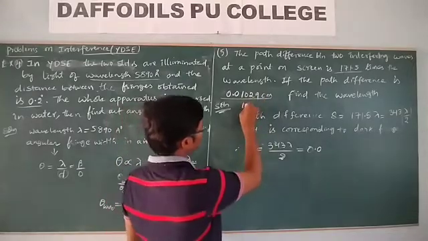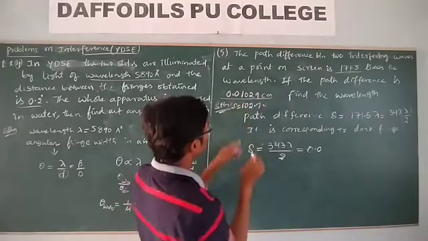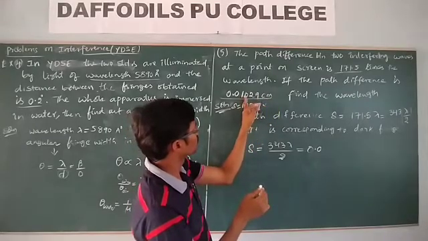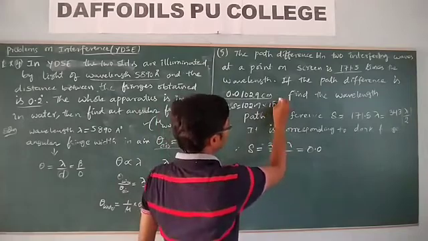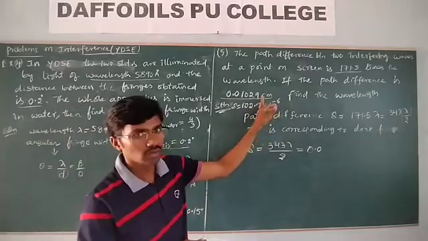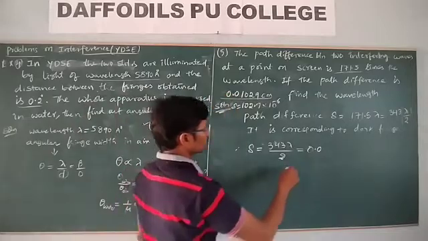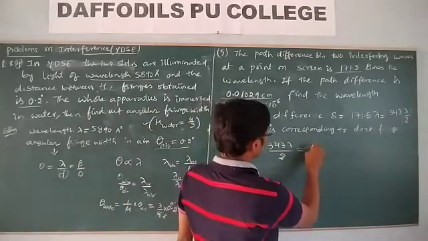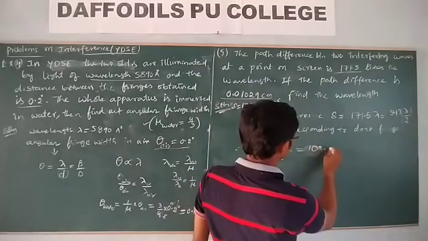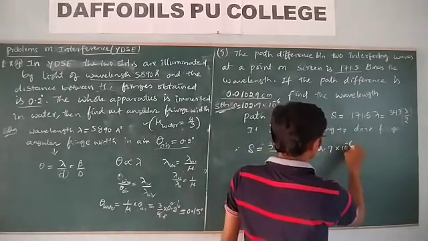Okay, then let me write here 102.9 into 10 power minus 2, and 1, 2, 3, 4, 10 power minus 6. That is equal to 102.9 into 10 power minus 6.